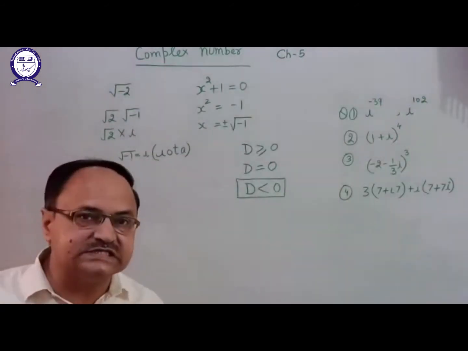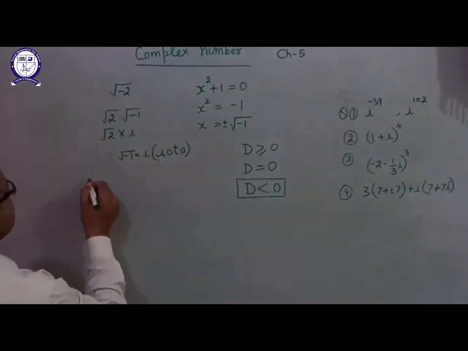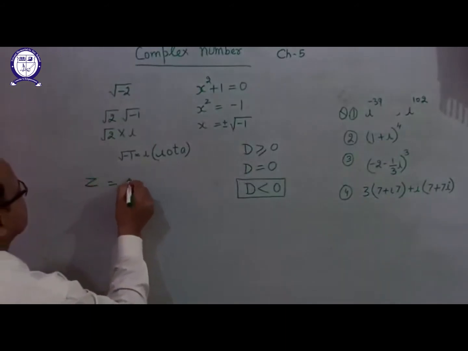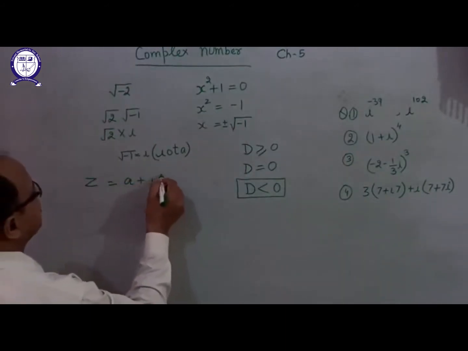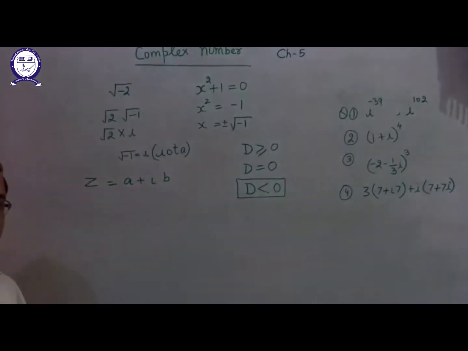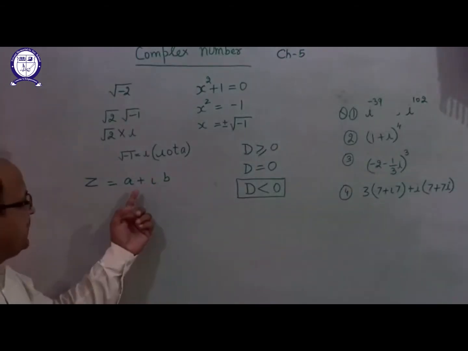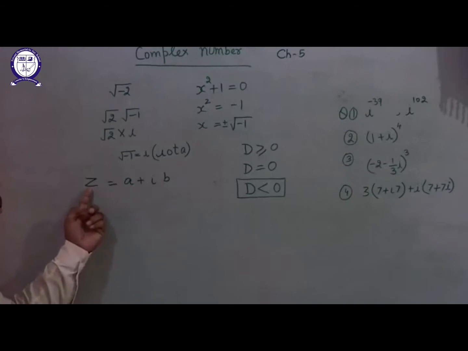Now can you tell me what is a complex number? The number which is in the form of a plus iota b. We represent the complex number by z.